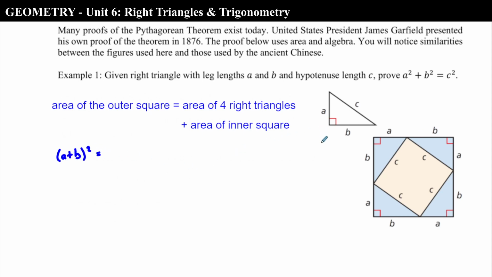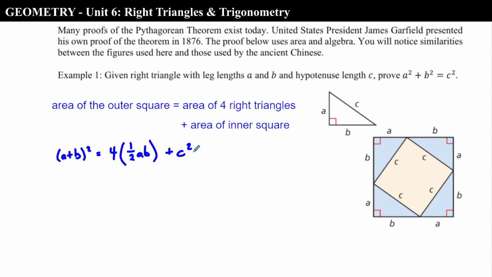The area of the 4 right triangles, well, the area of a triangle is 1/2 of A times B, because if we did A times B, that would give us a full rectangle, but we have only half of that area, so it's 1/2 AB, and you have 4 of them, so you've got 4 triangles times the area of each one, 1/2 AB, plus our inner square, which is C times C, or C squared.